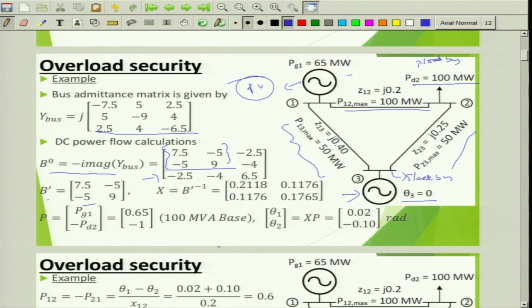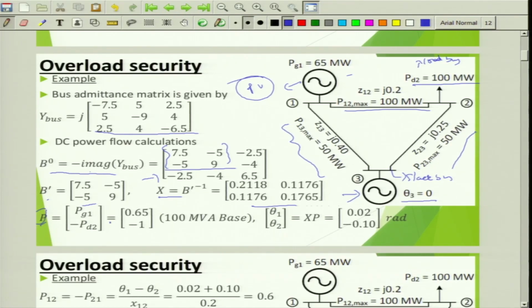This is your B dash. You remember the B dash and B double dash that we discussed in the previous load flow analysis explanation. Then you obtain X. X is nothing but the inverse of this B dash matrix, then you get this number. Then you have P.